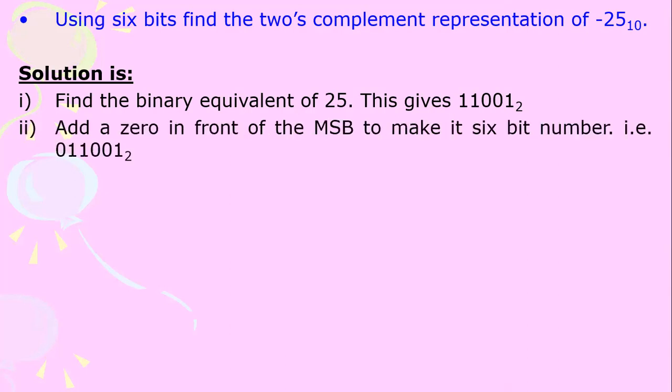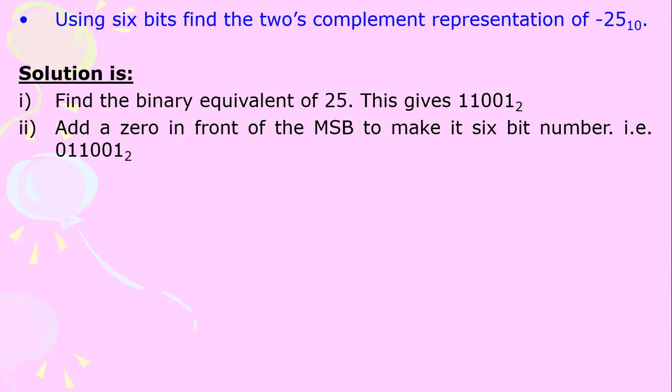And then we add a 0 in front of the most significant bit to make it a 6-bit number. That is 0, 1, 1, 0, 0, 1 binary.